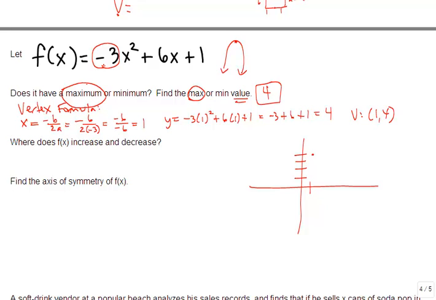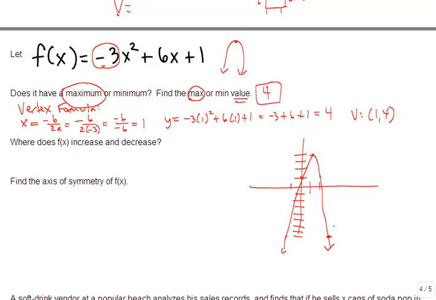So according to my pattern, from here I could go over 1, down 3 on either side. And then from there I would go over 1, down 3 times a, or 3 times 3 would be 9. So 1, 2, 3, 4, 5, 6, 7, 8, 9 would put me somewhere down here. So this is a rough sketch of my parabola.